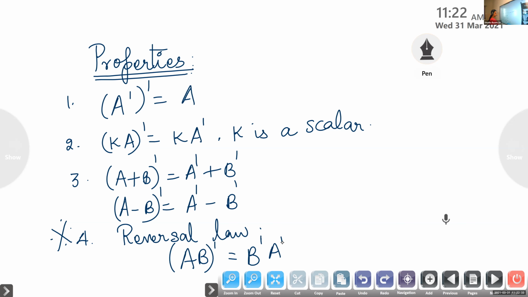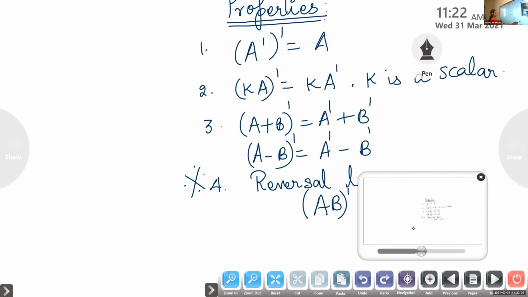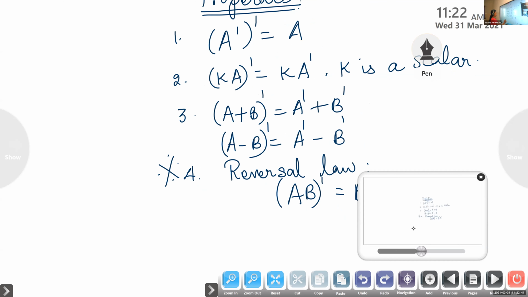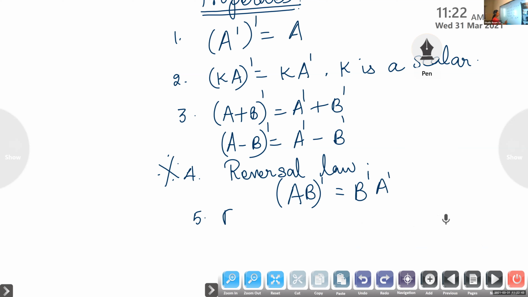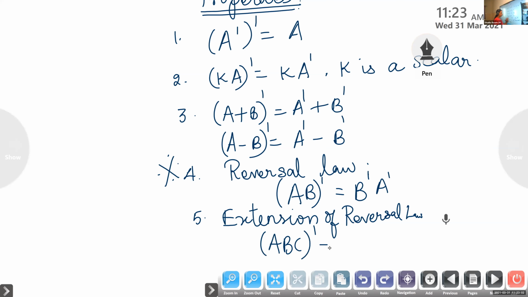Next one, the fifth one, is the extension of the reversal law. Extension means we can extend this to any number of matrices. Instead of 2 matrices, we can take 3, 4, or more. A B C the whole dash will be the same as, can you give the answer?